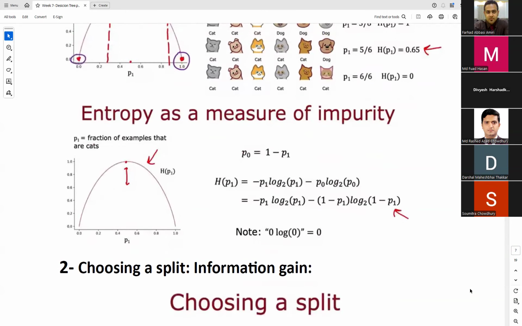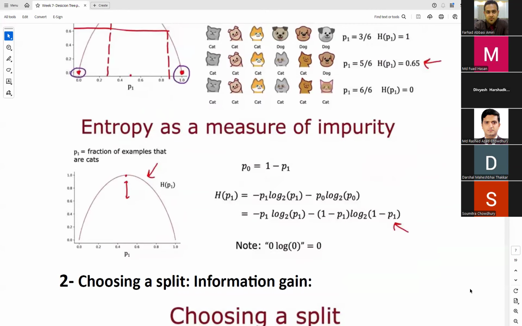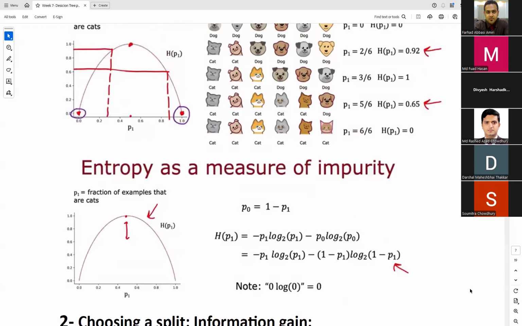And there's a general expression for entropy. You're familiar with this figure, and P1, we know, is the fraction of examples that are cat. And then P0 is equal to 1 minus P1. When P1 is the fraction of examples that are cats, P0 is going to be the fraction of examples that are not cats, which is 1 minus P1, right?